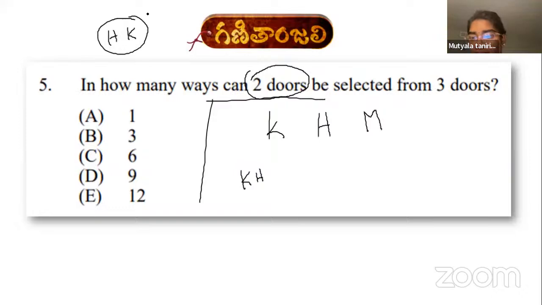You are asked to take 2 chocolates. Your first choice is KH and maybe KM. Next, we should not write HK because KH is a choice, it is a selection.